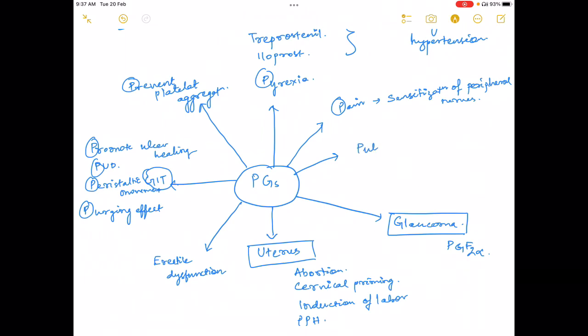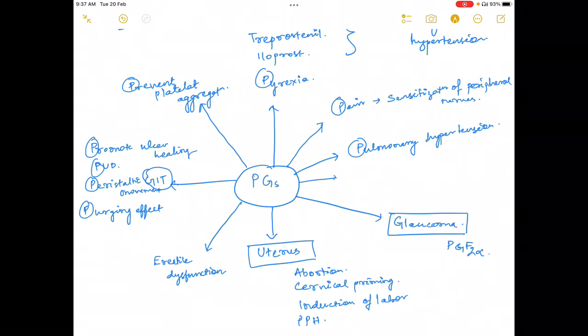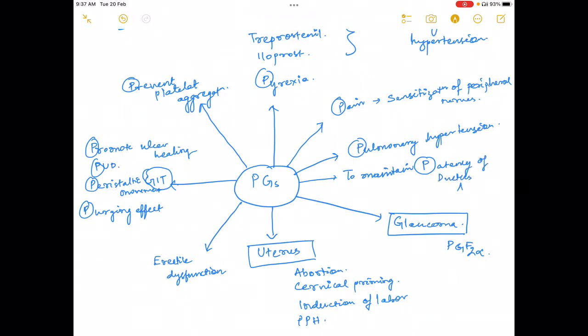It is also used in pulmonary hypertension. Which drugs are used in pulmonary hypertension? PGI2 analogs like epoprostenol, treprostinil, and iloprost. Then to maintain the patency of the ductus arteriosus, in case of transposition of great arteries.